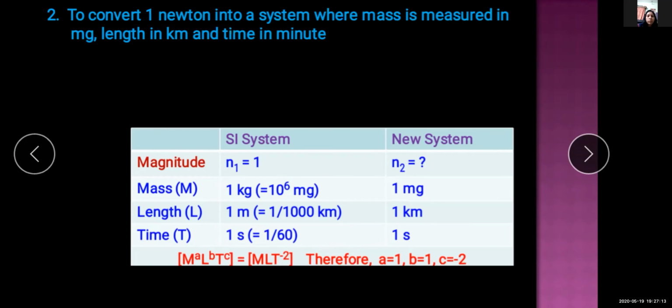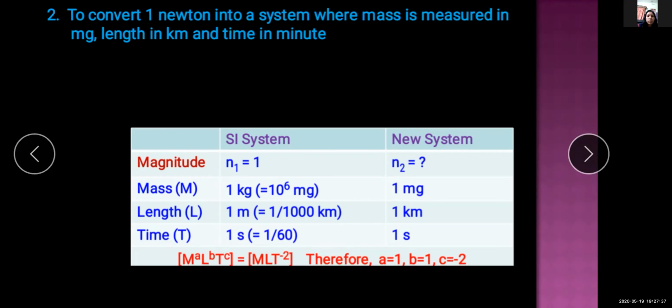Clear? So since we have to convert Newton into those units, we have given N1 is 1, mass 1 kilogram, length 1 meter, and time 1 second. We have to convert kilogram into milligram. So we know that 1 kilogram is equal to 10 raised to power 6 milligram.